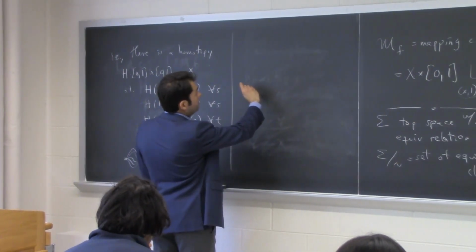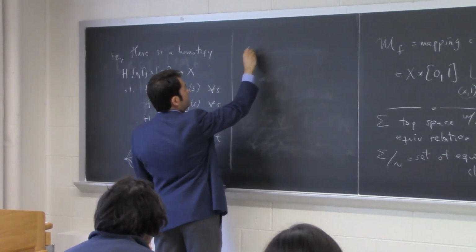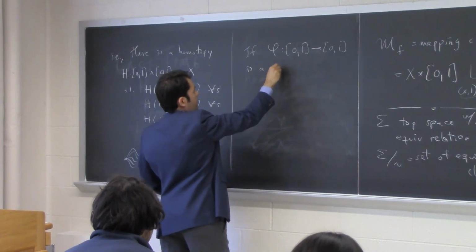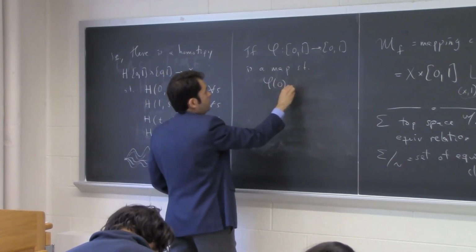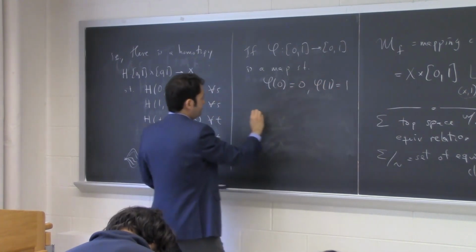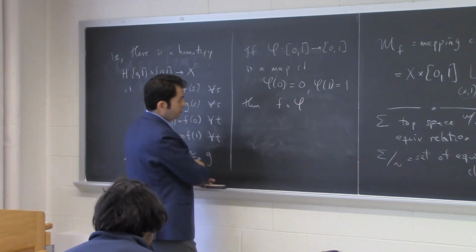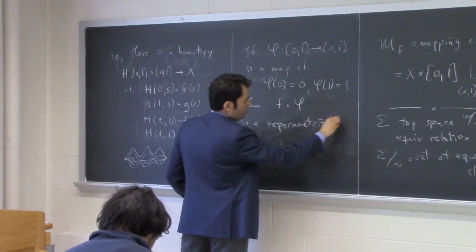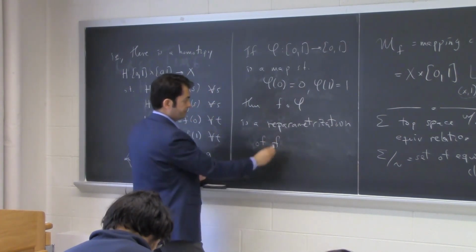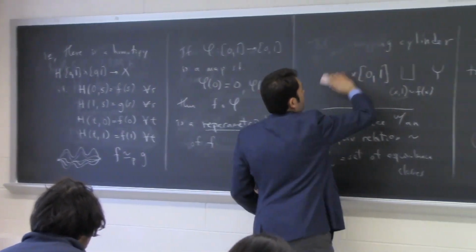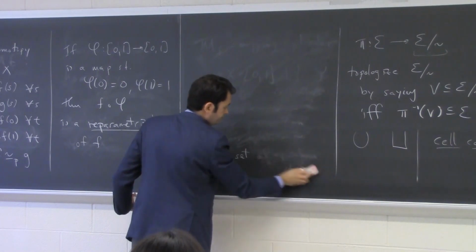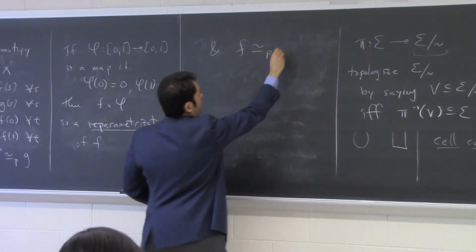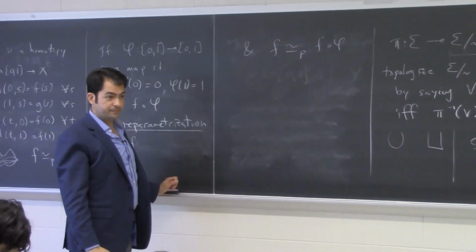So let's write that down. If phi from [0,1] to [0,1] is a map such that phi(0) is equal to 0 and phi(1) is equal to 1, then f composed with phi is a reparameterization of f, and f is always path homotopic to f composed with phi, right?